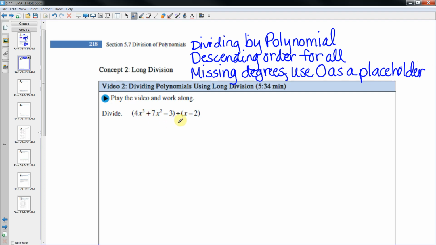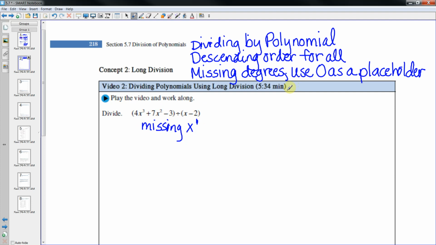In this problem, I've got 4x cubed plus 7x squared minus 3 divided by x minus 2. The 4x cubed plus 7x squared minus 3 is in descending order. But if I start counting with my degrees, I've got a cubed, a squared, I'm missing an x to the 1. So I'm going to have to use a place filler in just a second when I do this division.